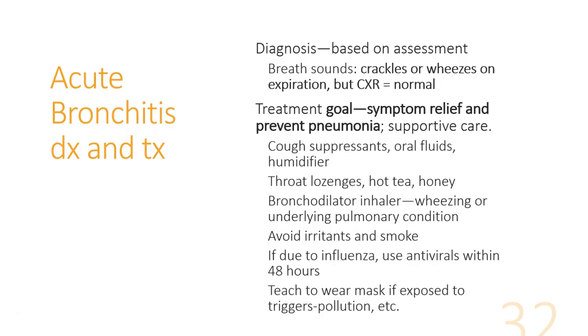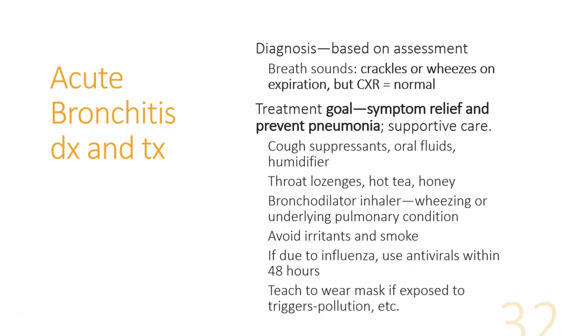And then we're going to educate our patient to avoid any irritants. So smoking should definitely be stopped. Smoking is an irritant. It can exacerbate the symptoms of bronchitis. And then if the bronchitis is secondary because of influenza, so they had the flu, if they caught the flu early enough, remember those first 48 hours, we could give the antiviral Tamiflu.